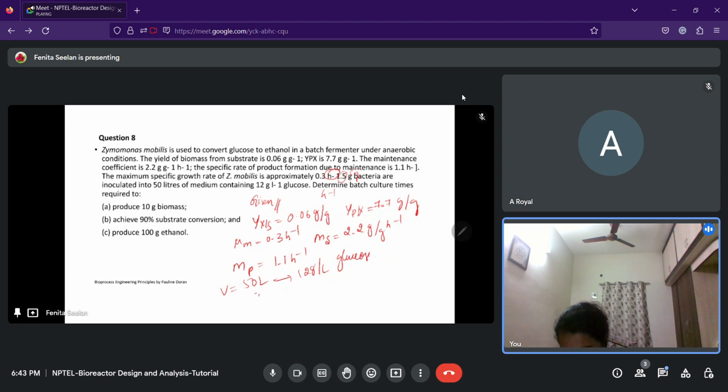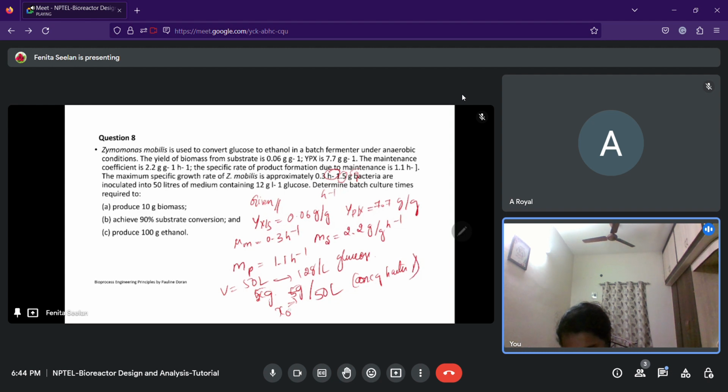So our inoculum is 5 grams. As a mass value it is given, so 5 gram of inoculum in 50 liters is our X naught, meaning the concentration of the cells, the concentration of bacteria.